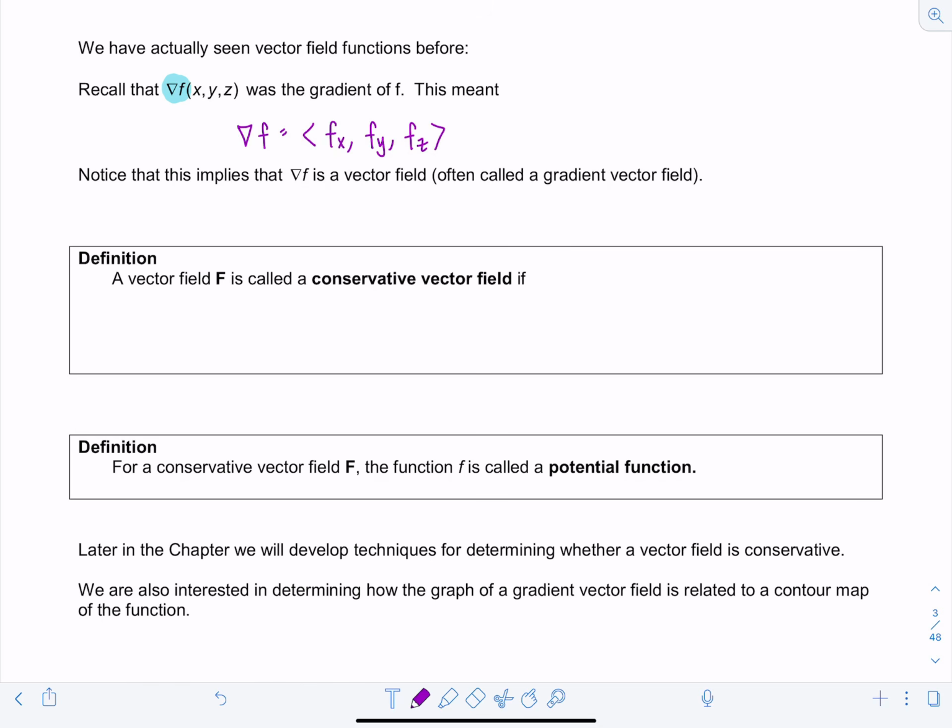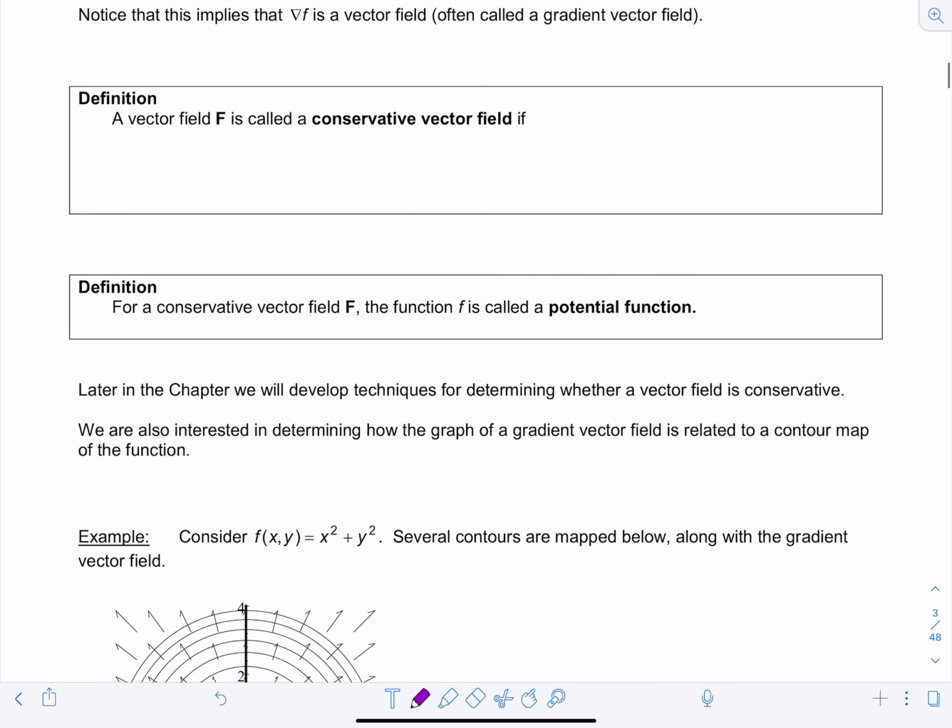Now, we categorize vector fields in the following way. We say that a vector field F is a conservative vector field if there exists a function, lowercase f, a real-valued function, with F, the vector field, being the gradient of that lowercase f.